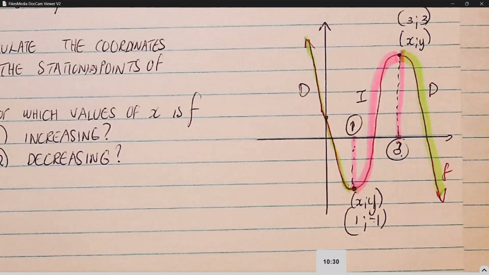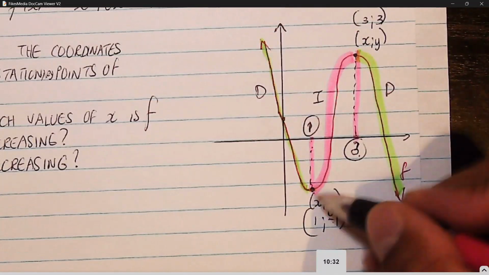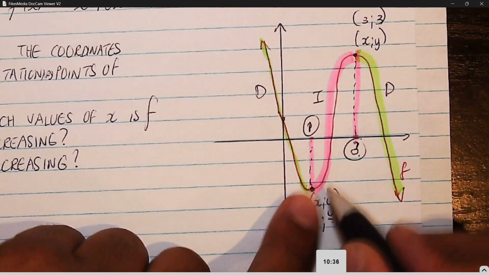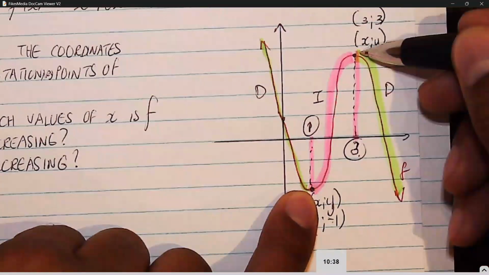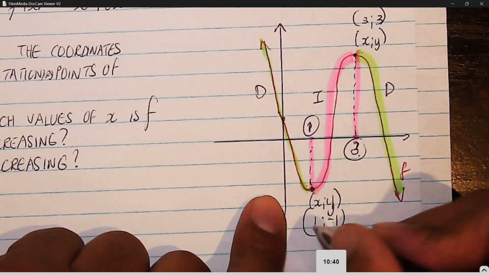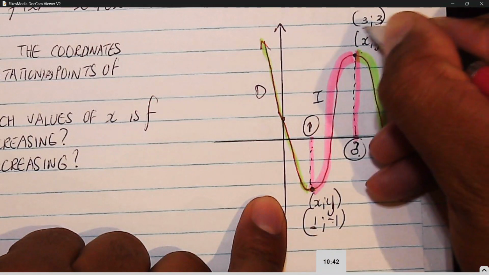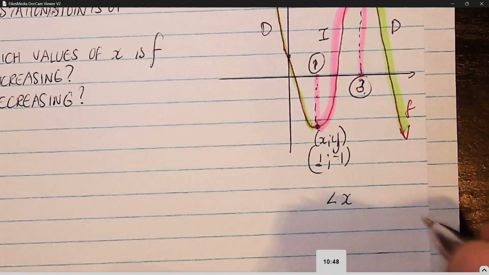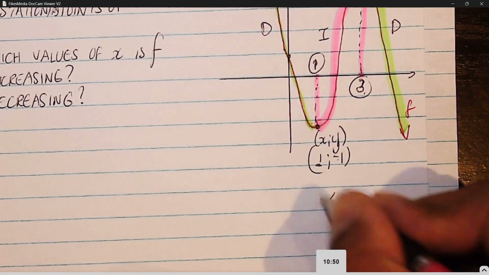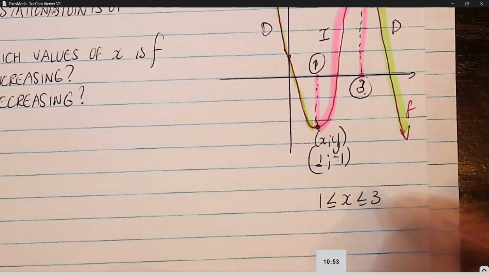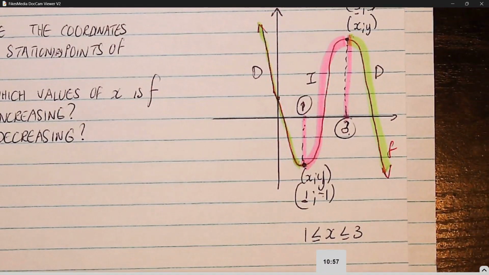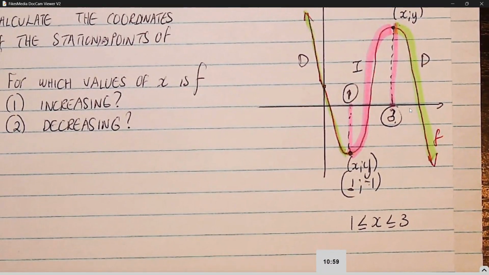Looking at your turning points, you can see that our graph is increasing from 1 to 3, right? We're basically focusing on the x values. So between 1 and 3, this is where the graph is increasing, right?